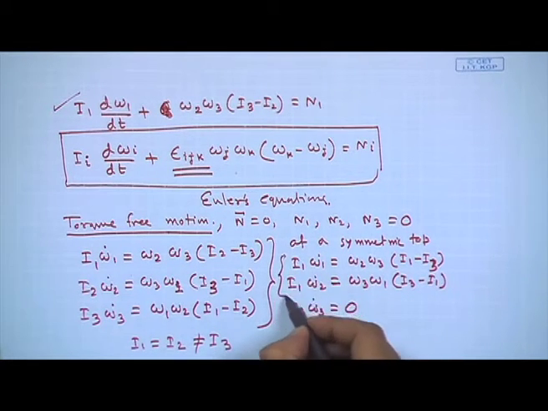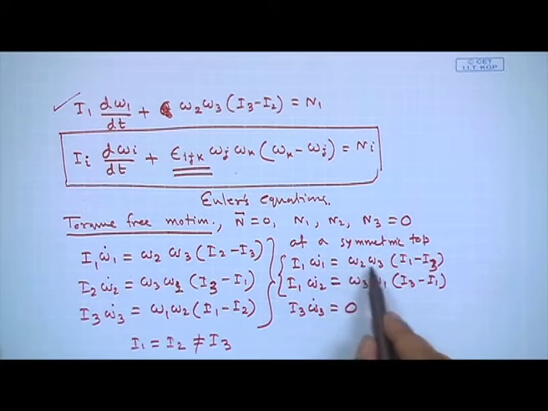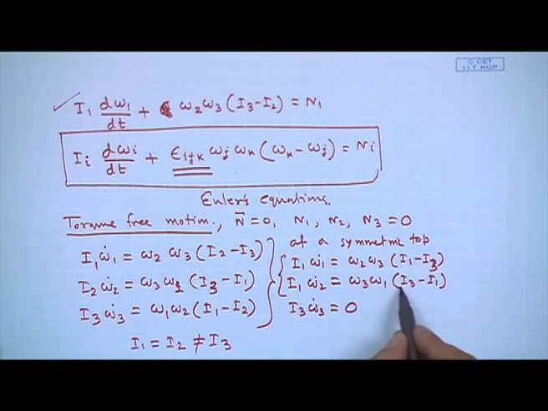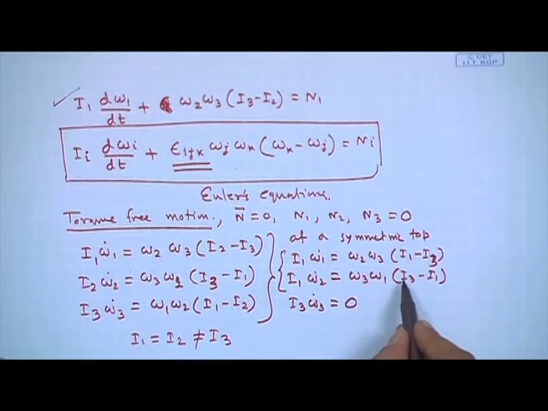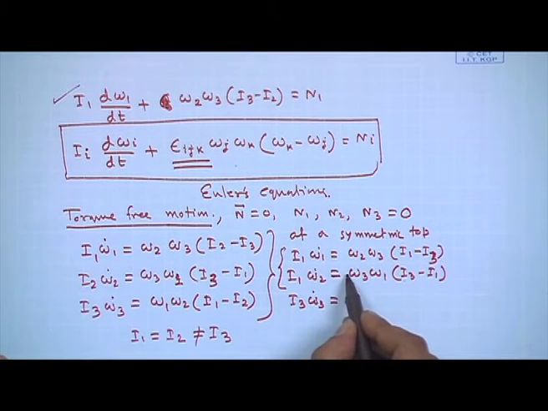Also, the first two equations have an identical right hand side, except that there is a negative sign. I can just write this as omega 3 omega 2 into (I1 minus I3) instead of (I3 minus I1). So, it comes with a negative sign, okay.